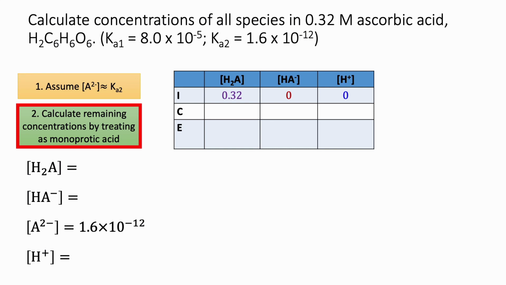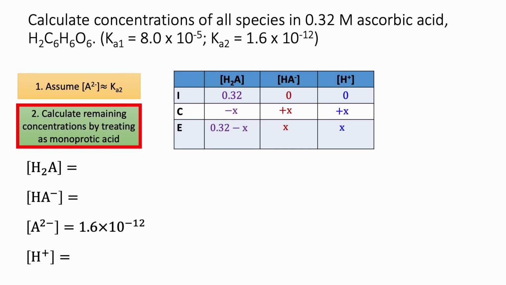I've put in the starting concentration, the 0.32 molar for ascorbic acid, the H2A, and then 0 for the HA minus and the H plus. And then we start putting in our changes. H plus concentration change is always going to be plus x. And then the other two changes are linked by stoichiometry. Use those to calculate equilibrium concentrations.